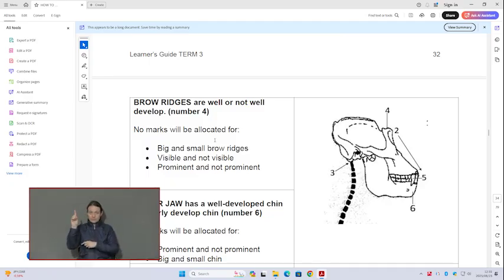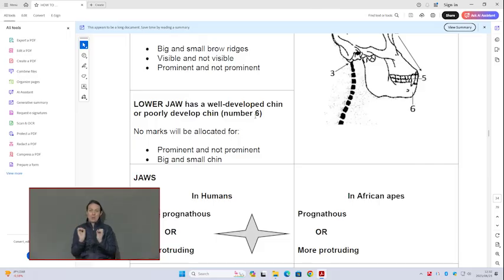Remember, I said we use well-developed or not well-developed. No marks will be allocated for big and small, visible and not visible, or prominent and not prominent. Please, ladies and gentlemen.